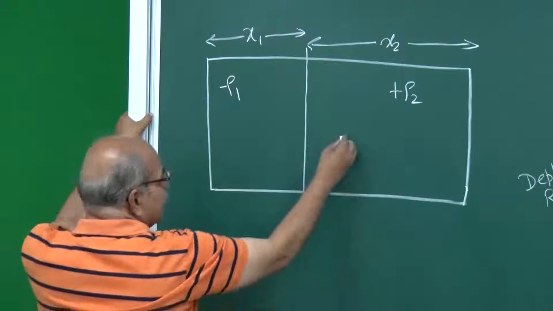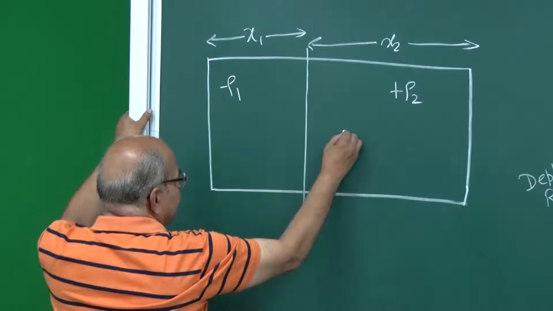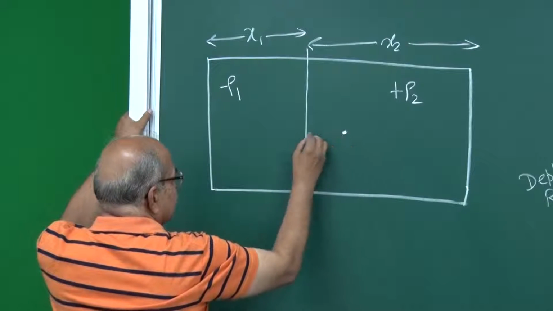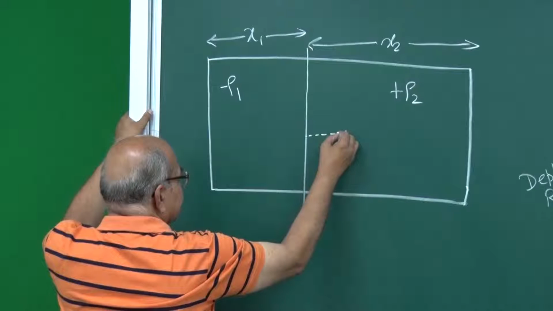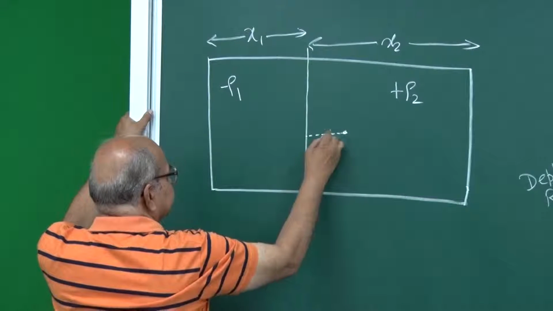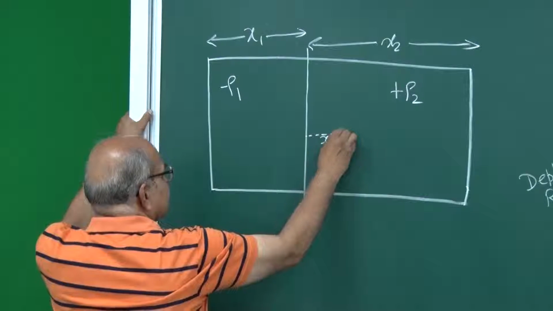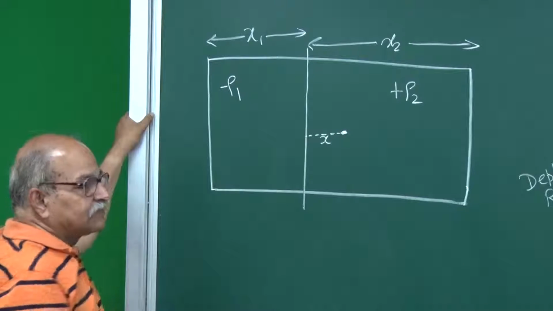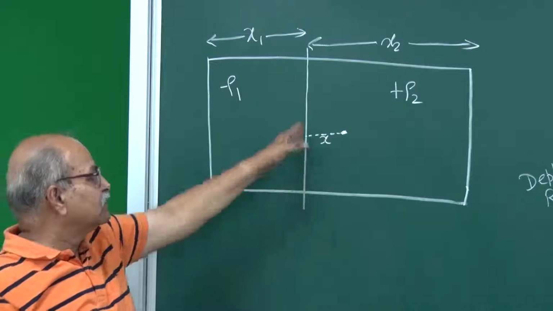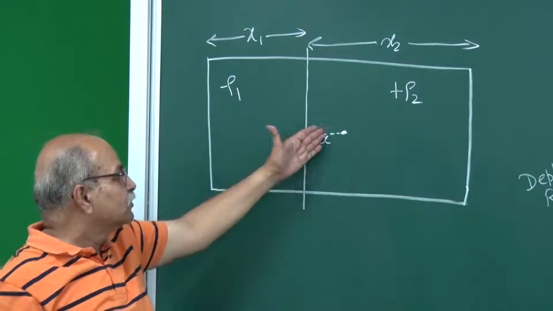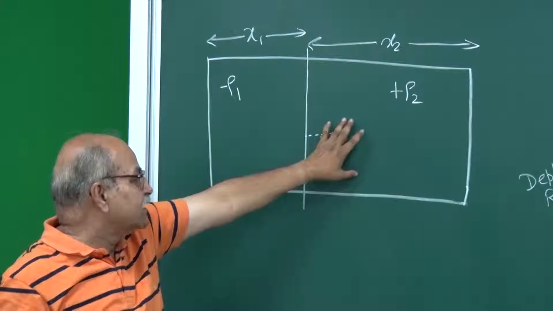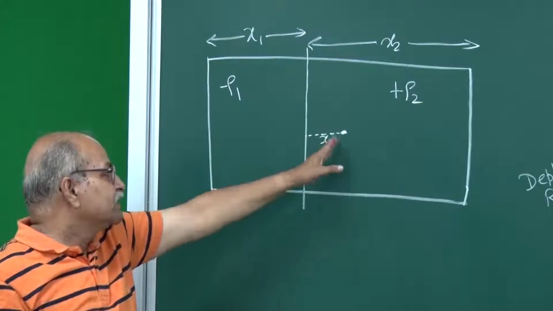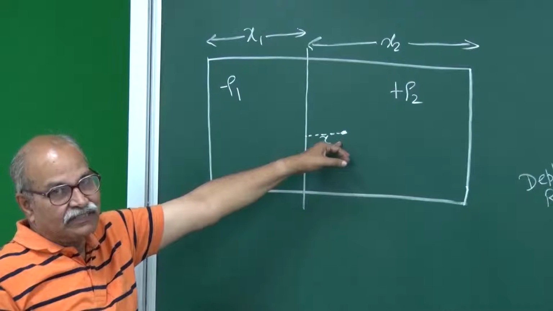And suppose I need the electric field at this point, at some distance y, which later I will call x, at x. This is x equal to 0, remember, the junction is x equal to 0. So at distance x, in that n type side, I am putting a point here. What is the electric field at this point?